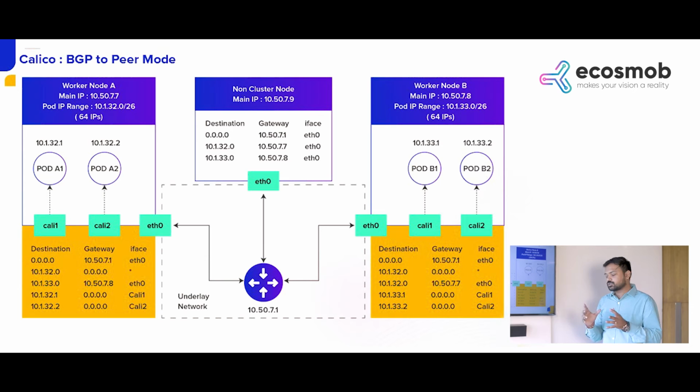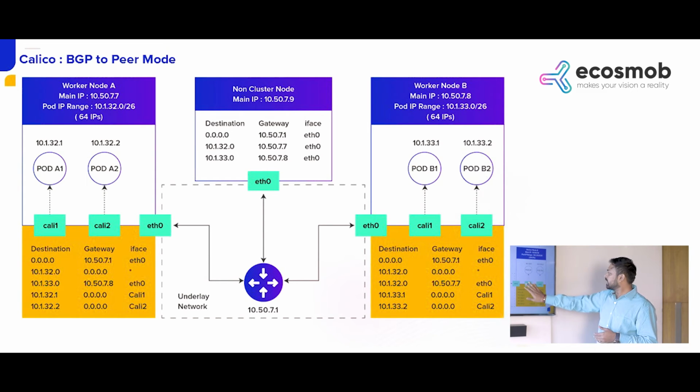It is not 100% overlay, but you can assume that it is an overlay conceptually. Because of using the BGP protocol, a lot of the disadvantages of overlay network are overcome over here. For each and every pod, it will create one interface, and that's how it routes the packets from another node straight to the pod.